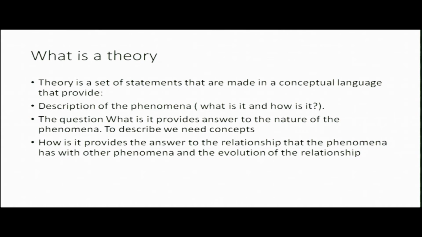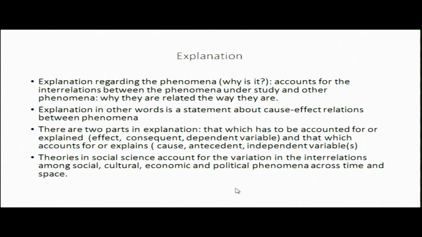The question how is it provides the answer to the relationship that the phenomena has with other phenomena and the evolution of the relationship. Explanation regarding why is it accounts for the interrelations between the phenomena under study and other phenomena, why they are related the way they are.